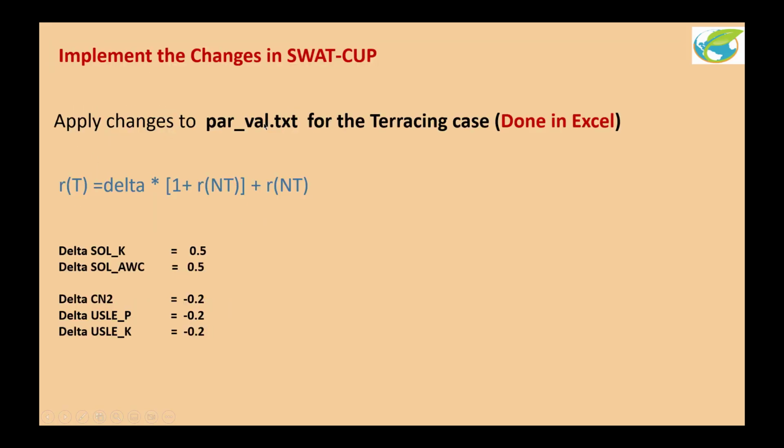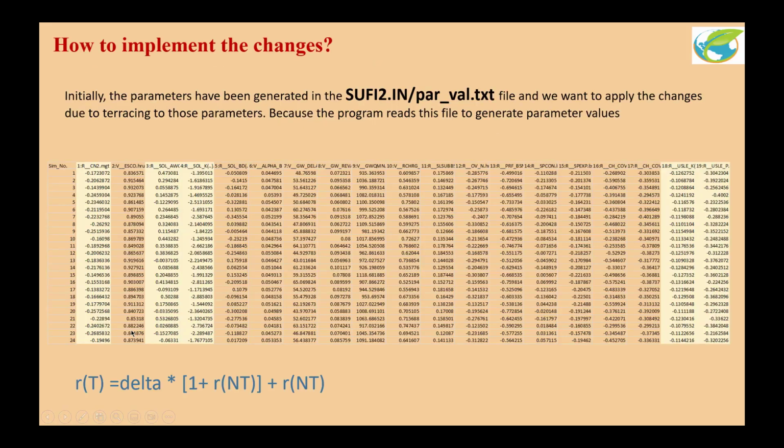Here, delta for soil hydraulic conductivity is 0.5, as I showed before, and 0.2, 0.2, and 0.2 for the other 3 parameters. So here is an example.